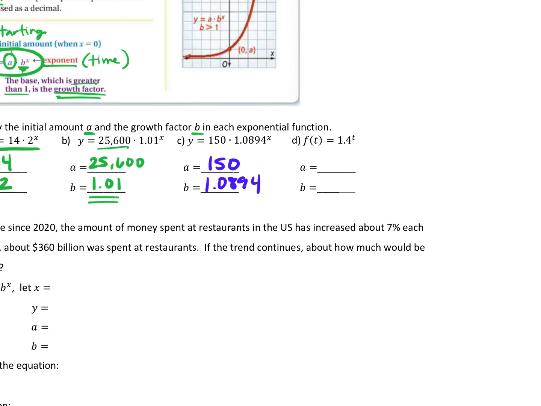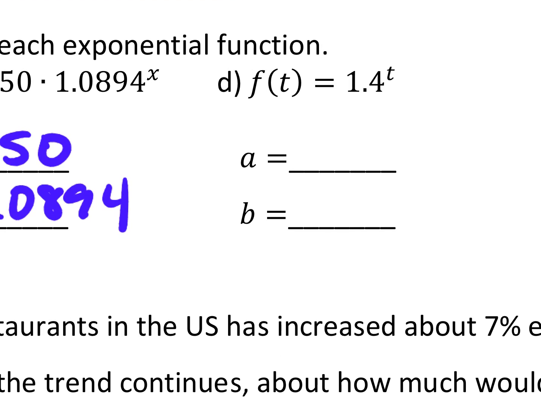This one looks different. What's 0? Is 0? Well, let's think about it. If A is 0, then f of t equals what right now? If there's a 0 right here. Is it 1? Then it equals 0, which doesn't work because we know it equals 1.4 to the t power.